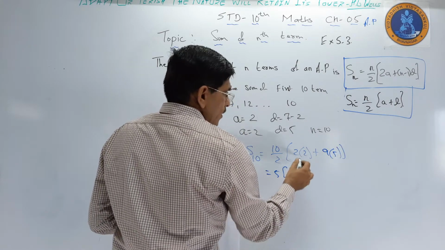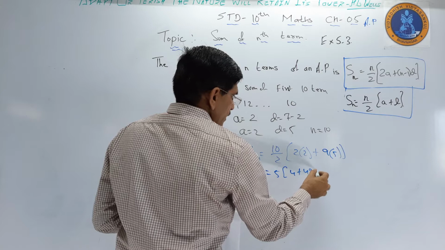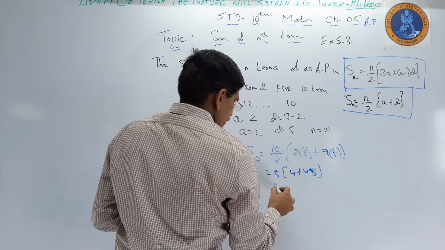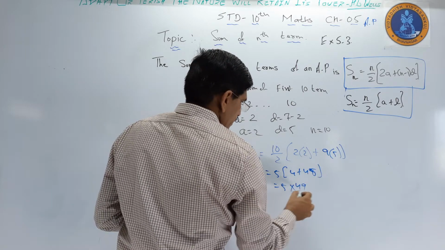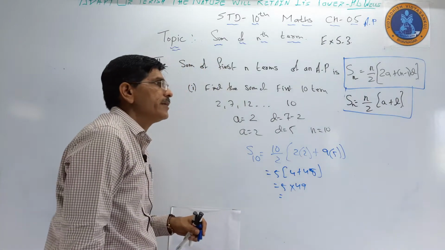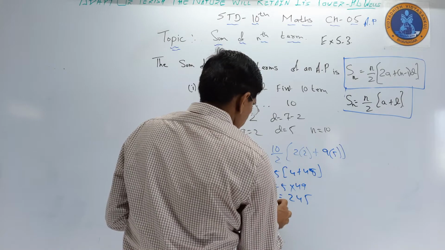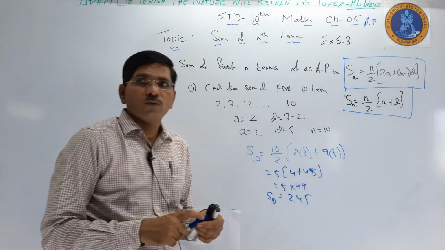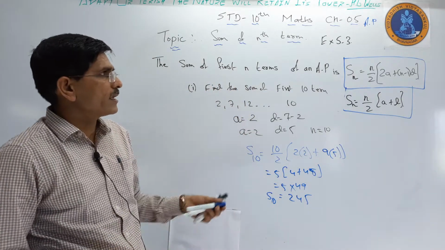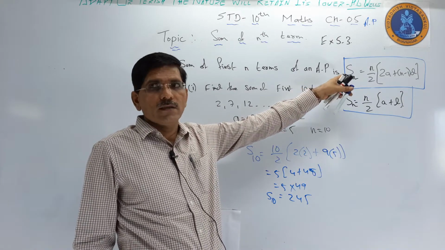So 5 into 4 plus 45, so 5 into 49. So 49 into 5, we can get the answer 245. So S10 is equal to 245. So that is the formula.